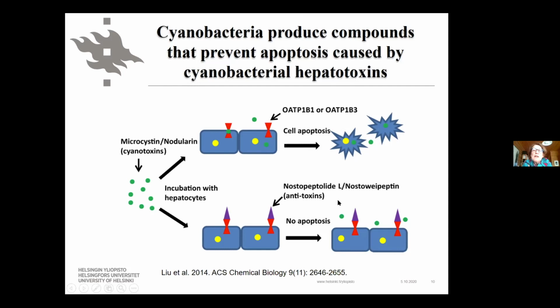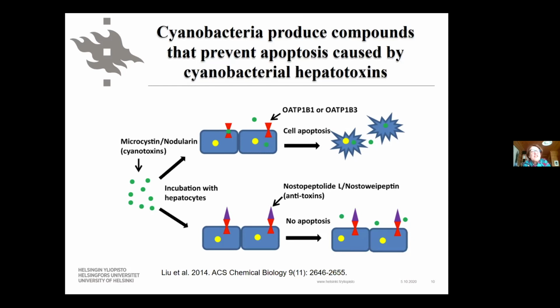But these compounds we found, which are also cyclic peptides, nostopeptolides and nostopeptins, seem to be antitoxins. They blocked the transmission of nodularin, and that's why this apoptosis doesn't happen. So it was an interesting finding.